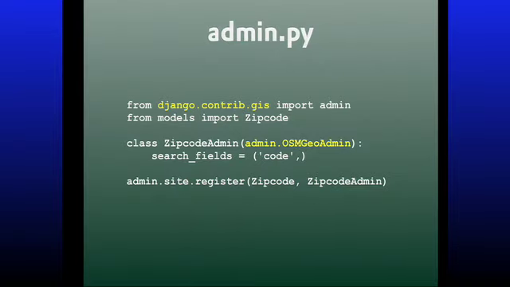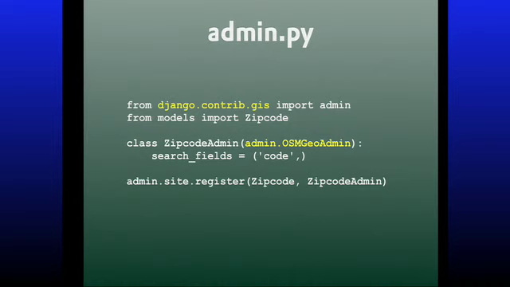All right, we covered this earlier. You can also add attributes on the admin here. So you can specify a default zoom level, default center point, a minimum zoom level, maximum zoom level, all as attributes like you normally do on admin classes.